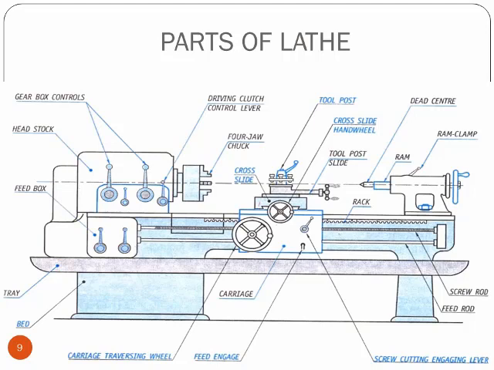Then above the tray we can see the feed box. The feed box is used for giving the desired feed to the carriage, and then just above that we have the headstock. So the headstock has the engine. The source of energy is present in the headstock.